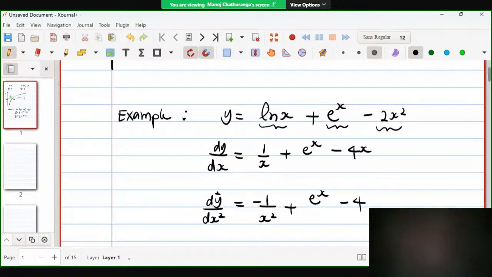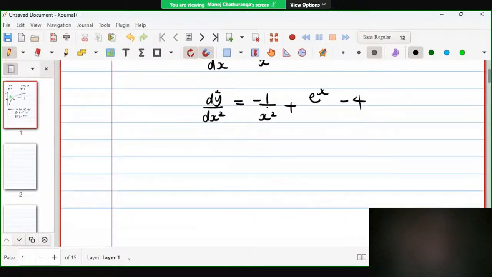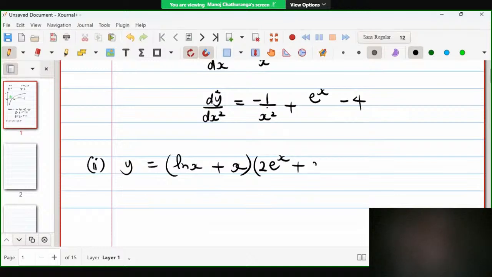And not only with the sum rule, you can combine the natural log with other functions using the product rule. For the second example, think of ln x plus x times 2 e to the power x plus 3.